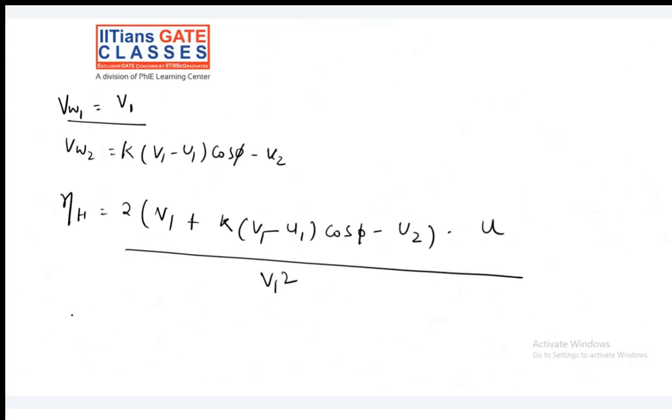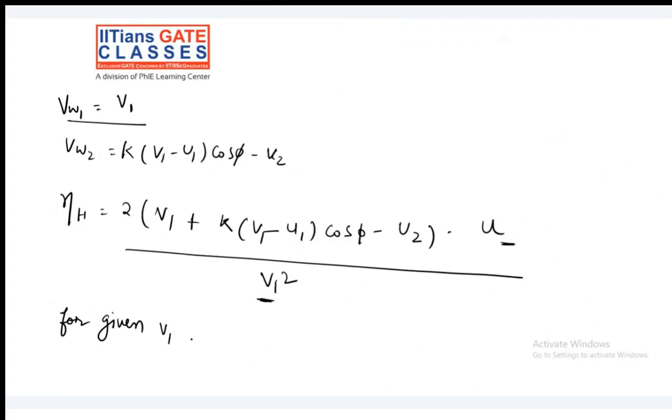So why have I written this like this? Now my whole hydraulic efficiency is in terms of my inlet velocity and the velocity of the runner. So for given V1, what is the relation between the runner velocity and my inlet velocity?